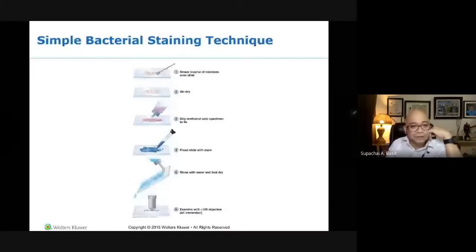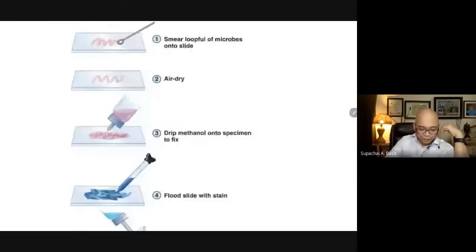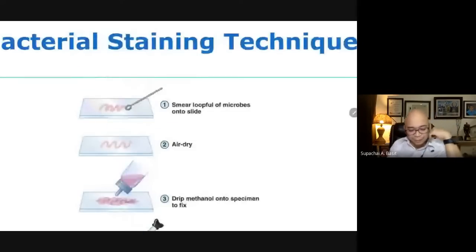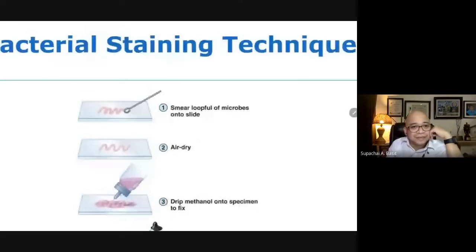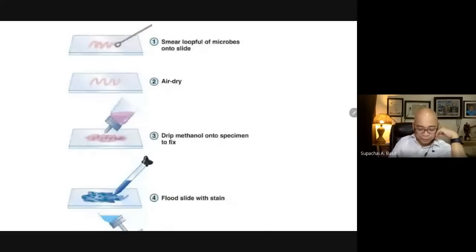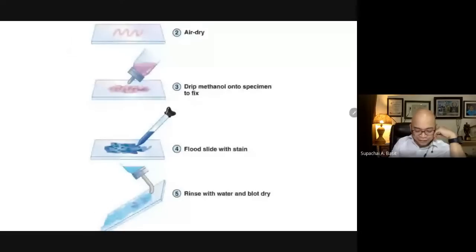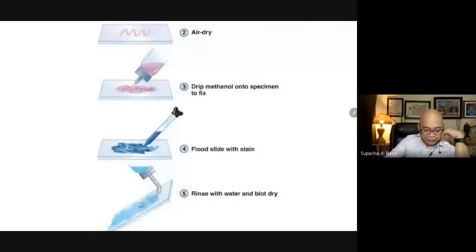Okay, so here is the procedure for a simple stain. All you have to do is place the smear onto the slide and allow it to air dry. And then we add methanol to fix. And then we flood the slide with the stain, for example methylene blue.